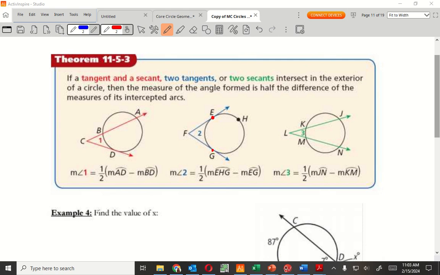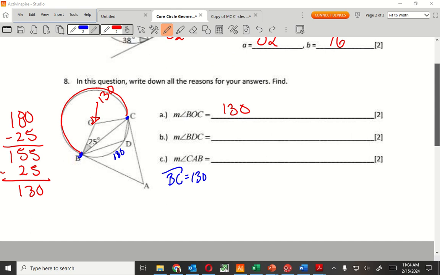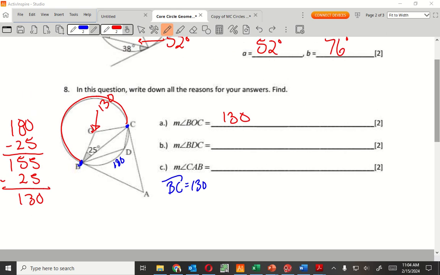So angle 2, which is going to be over here, is going to be the outside arc, E to G, minus the inside arc, and then 1/2. And that's going to give me that angle way out here. So according to my notes, I have my 1/2, because I'm trying to get this one out here. That's going to be CAB.